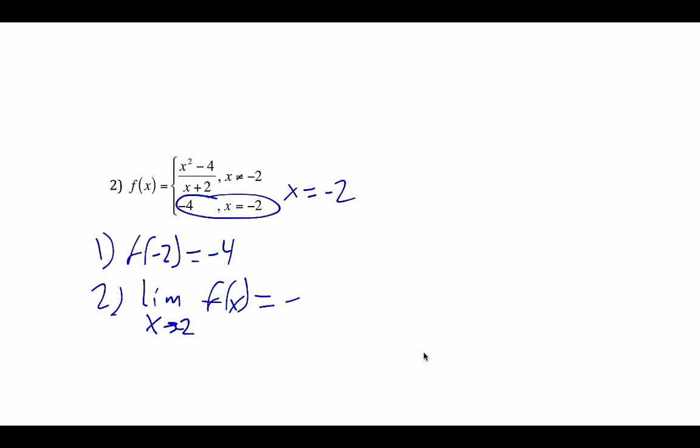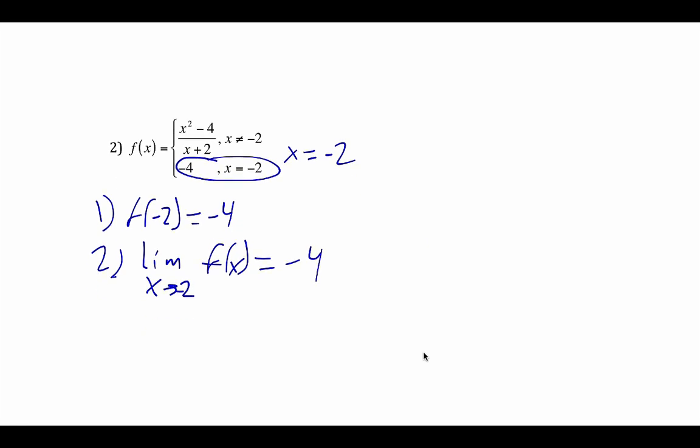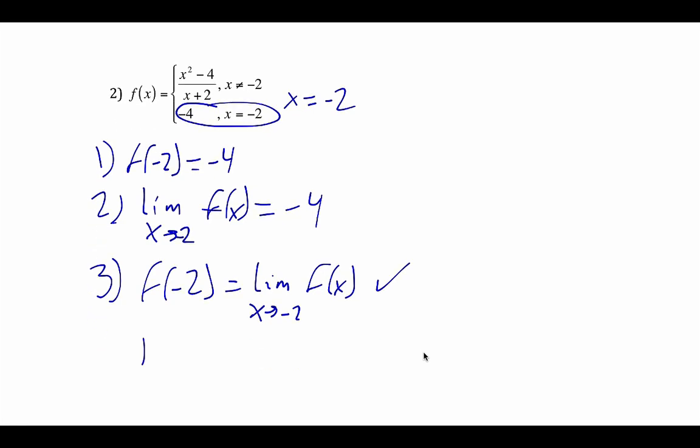So the limit is negative 4, even though the top part of that graph doesn't include that point at all. But again, since f of negative 2 is equal to the limit as x approaches negative 2 of the function, therefore it is continuous at x equals negative 2.